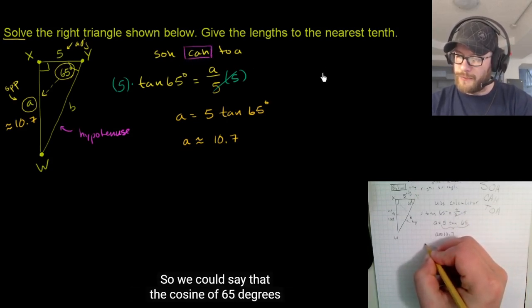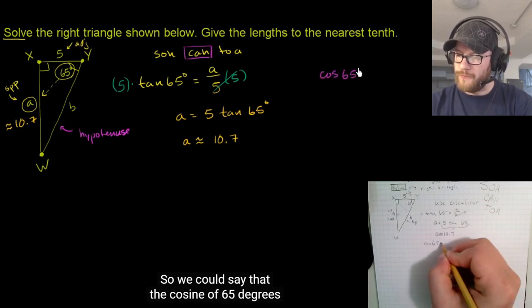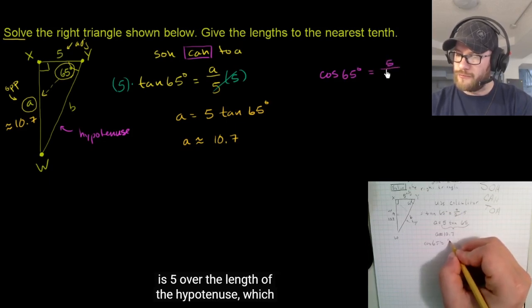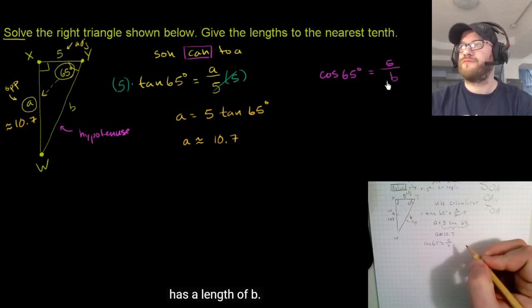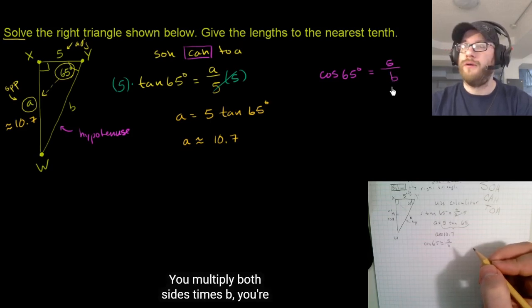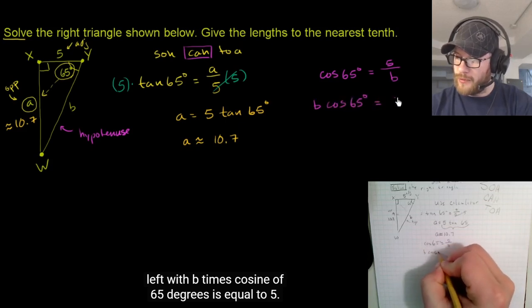So we could say that the cosine of 65 degrees is equal to the length of the adjacent side, which is 5, over the length of the hypotenuse, which has length b. And then we can try to solve for b. You multiply both sides times b, and you're left with b times cosine of 65 degrees is equal to 5.